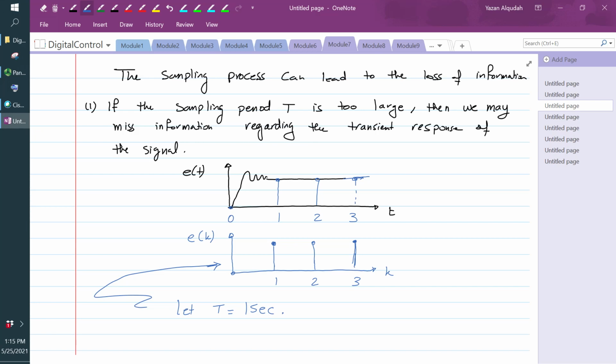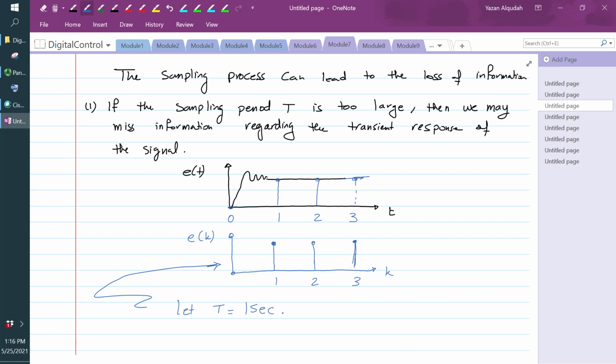If I have dynamics or variation in the signal that are not captured by the samples, then I will lose that information. And this will happen when I choose the sampling period to be very large.